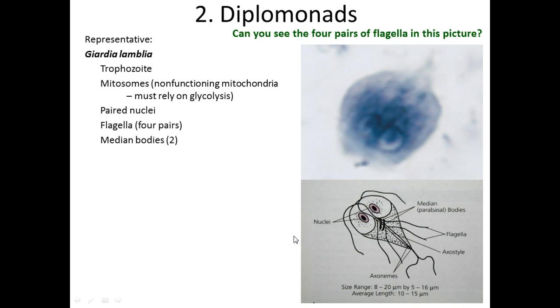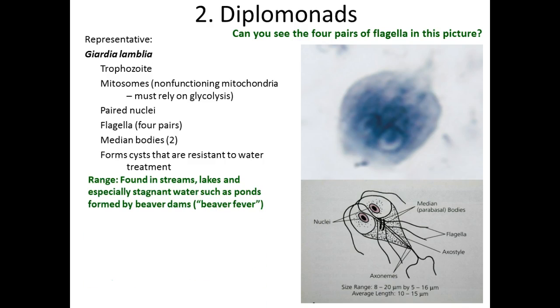The flagella. 2 median bodies that you can see here, almost looks like a smiley face sometimes. They can form cysts that are resistant to water treatment. So this is the bad news: when they get into our water supply, you could ingest the cyst. The cyst can germinate in your intestinal tract, attach, and cause a pretty serious infection.